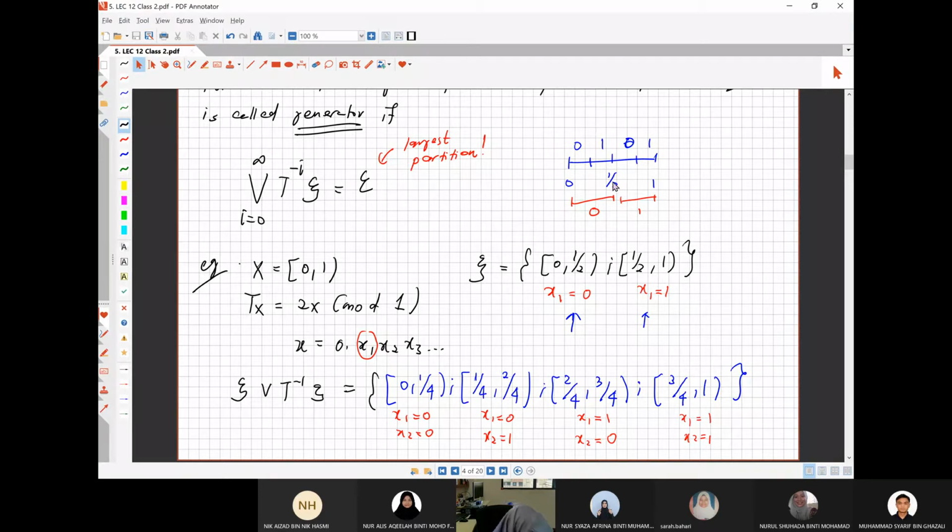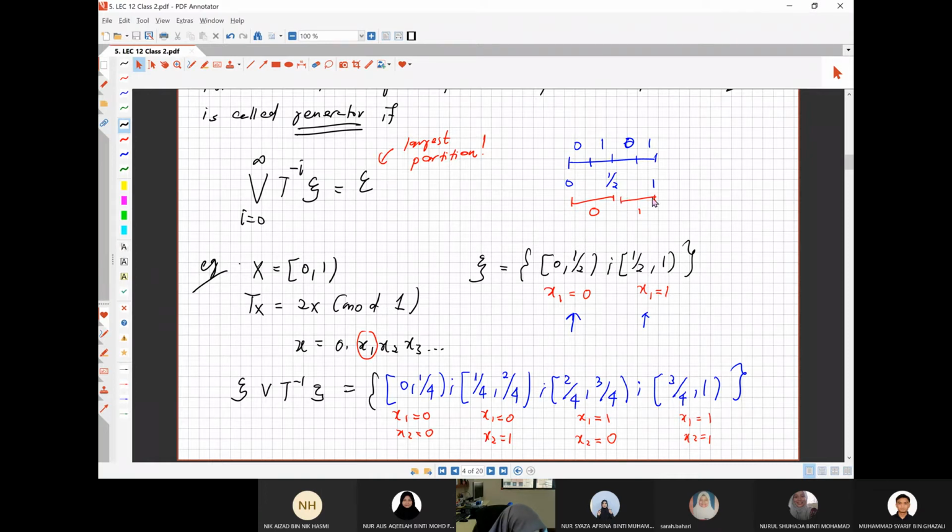In 0 and half, the segment. Again the same for this case between half and 1. The pre-image of that is between half and 1, which is 1, right?